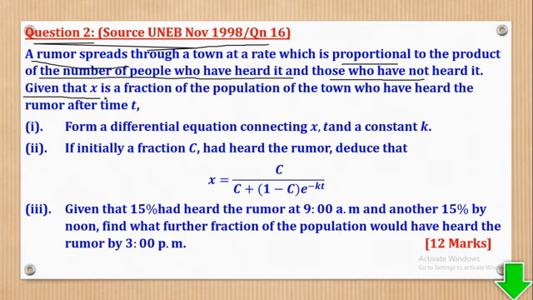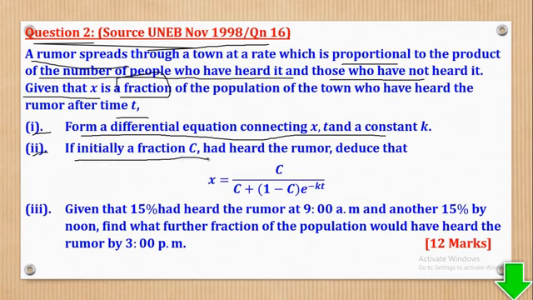Given that x is a fraction, note that word fraction, of the population of the town who have heard the rumor after time t, Roman 1, form a differential equation connecting x, t, and the constant k. Then Roman 2, if initially a fraction c had heard the rumor, deduce that x is equal to this.